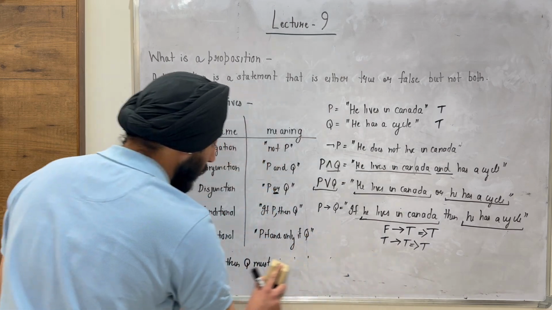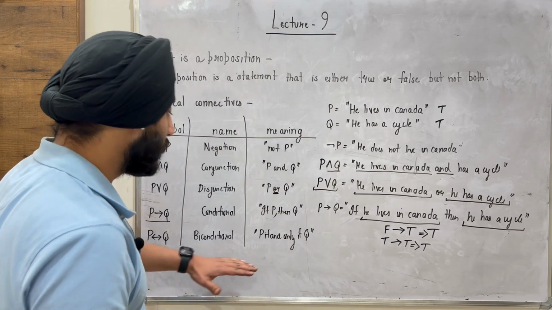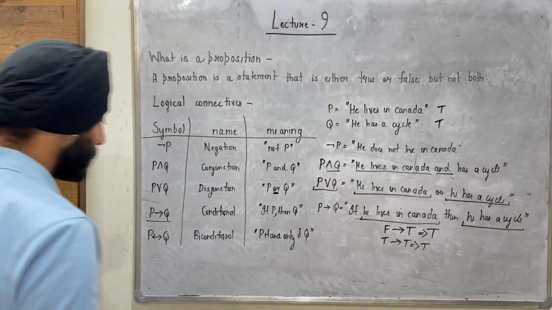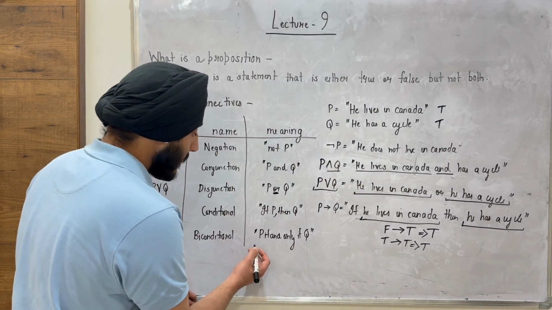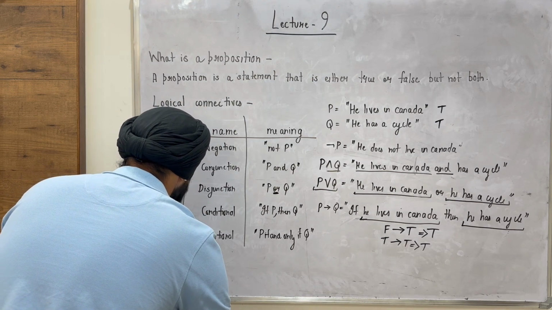Now, if you have a good understanding about the conditional statement, which is if P then Q, then this should be a lot more easy to understand. In very simple terms, P if and only if Q means, I'm going to write this down over here.